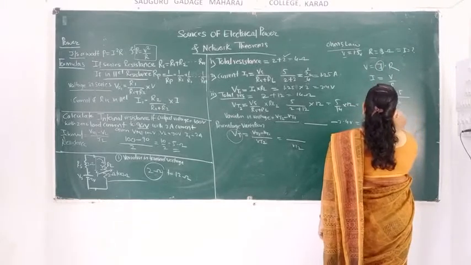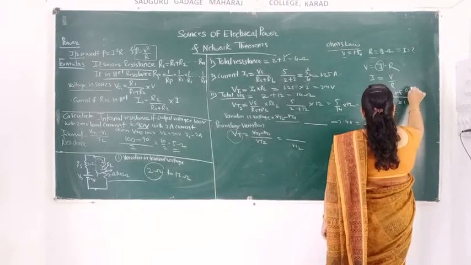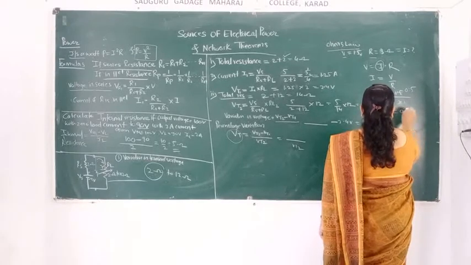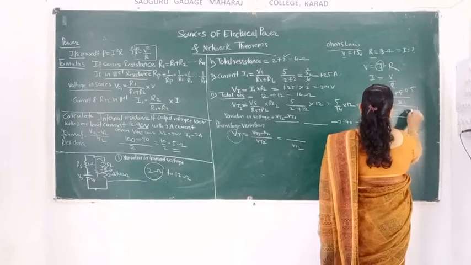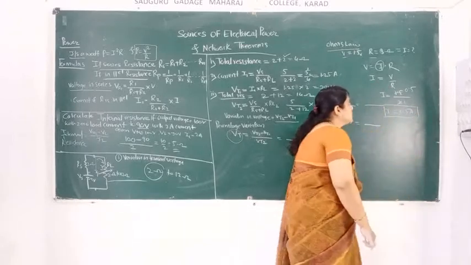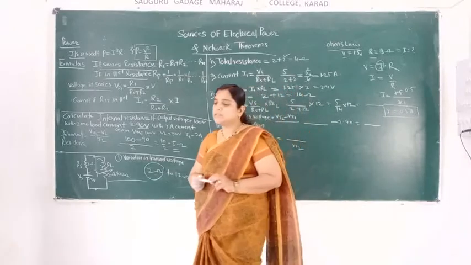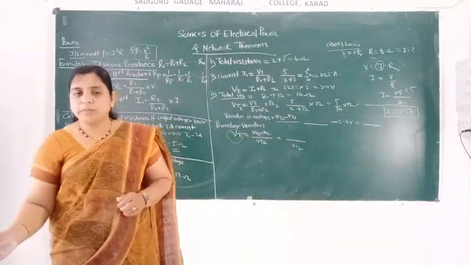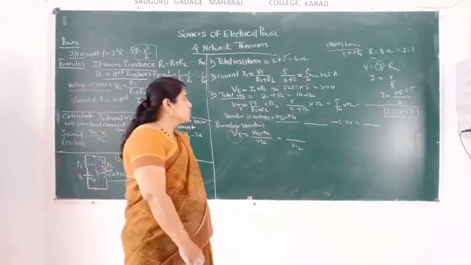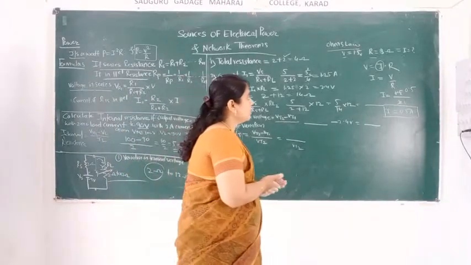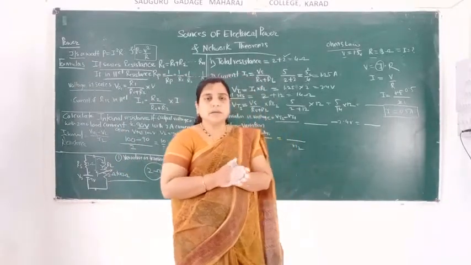Then I will be 0.5 ampere. Such formula-based examples will be asked for 2 or 3 marks, so at that time you have to remember the formulas. So these are the examples of whatever we have seen up till here.